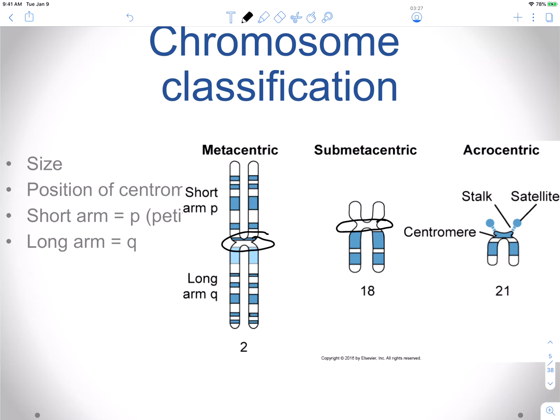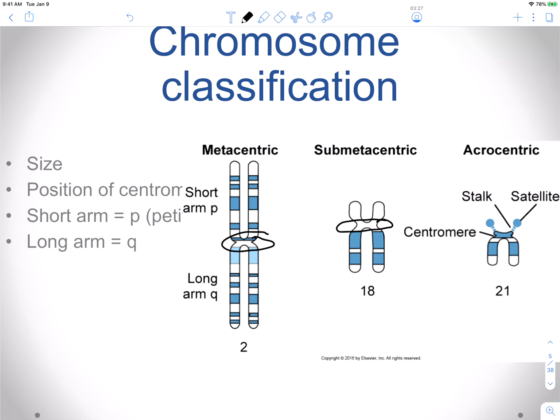There is a uniform system of chromosome classification. Again, we have the P for short, the Q for long, and then each chromosome is divided into regions called cytogenetic bands.